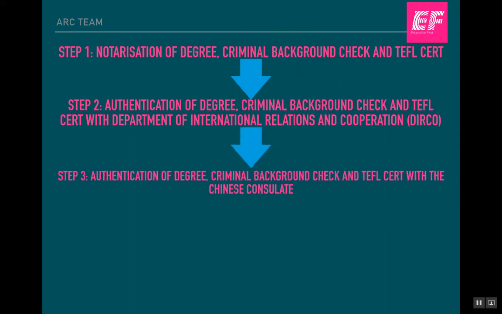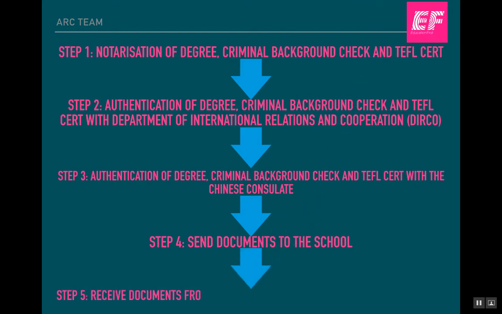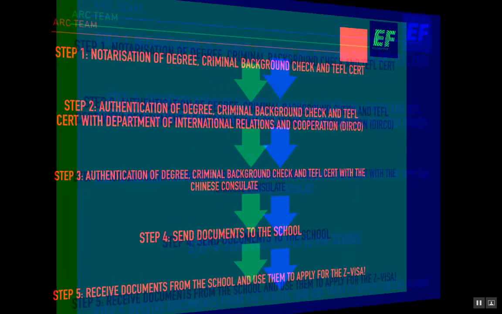Step three is authentication of the same documents with the Chinese consulate. Step four, send the documents to the school. And then step five, receive documents from the school and use them to apply for your Z visa, which is a work visa. So now that we've had a look at the basic outline of the procedure, let's have a look at each part individually in more detail.